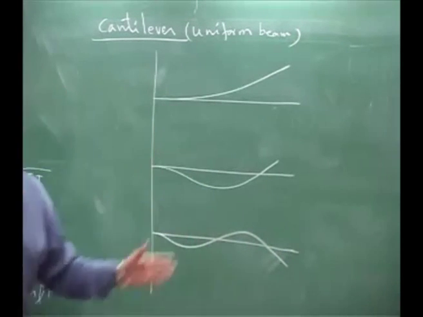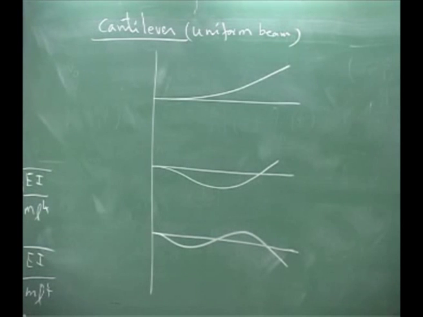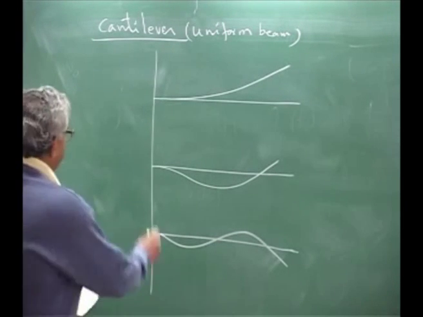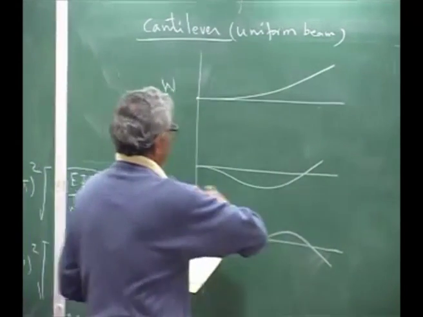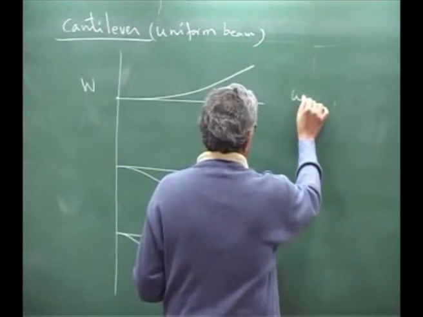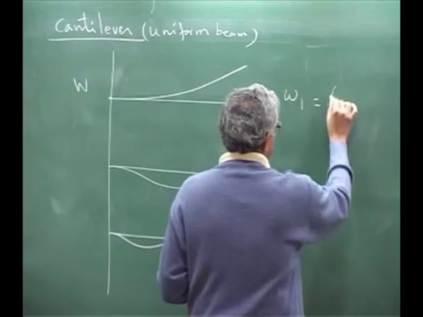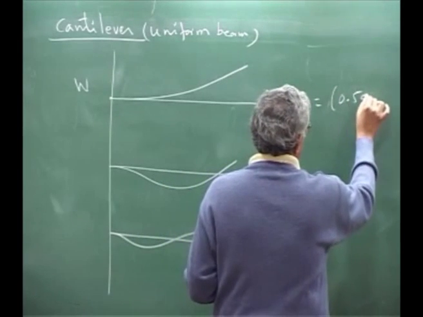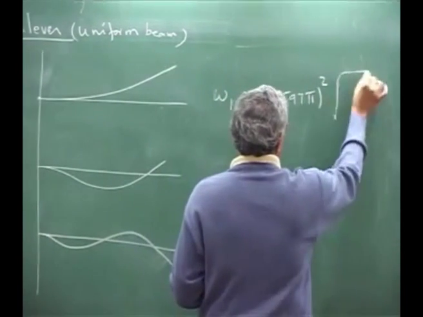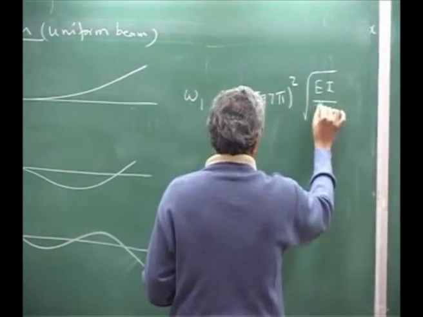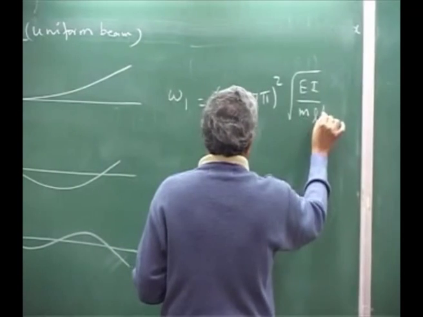So I will write the corresponding frequencies, that is basically clamped. Here it is 0. This is W. You will have omega 1 is 0.597 pi EI over ML^4.